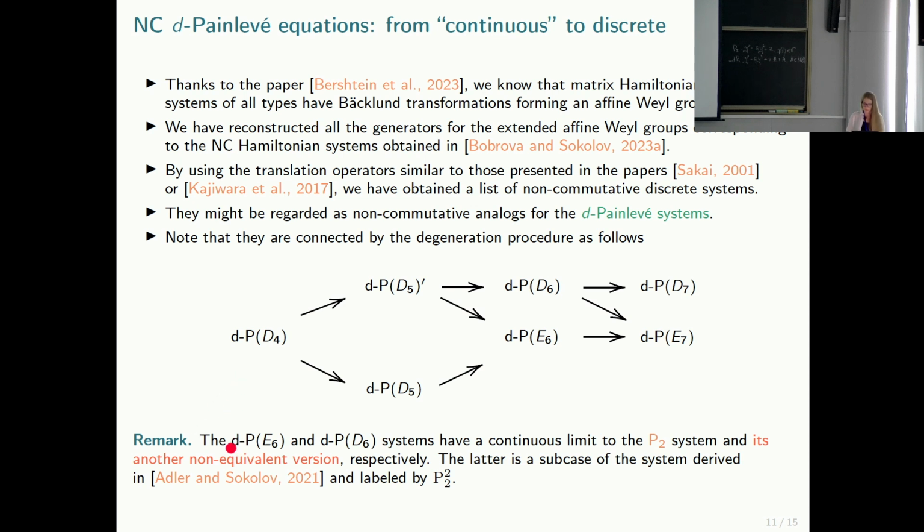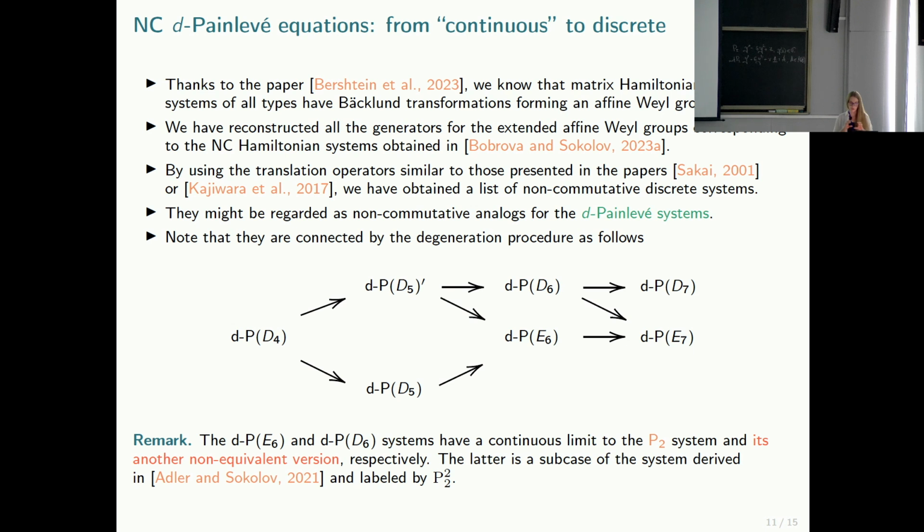For example, the discrete Painlevé equation of E6 type and the discrete Painlevé equation of D6 type have a continuous limit to the second Painlevé equation, which is another analog that is non-equivalent to the Hamiltonian second Painlevé equation.